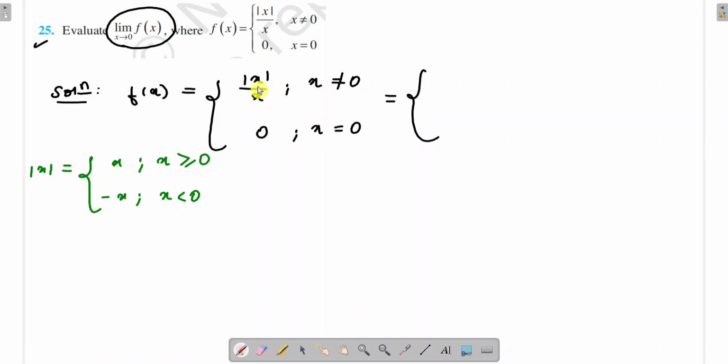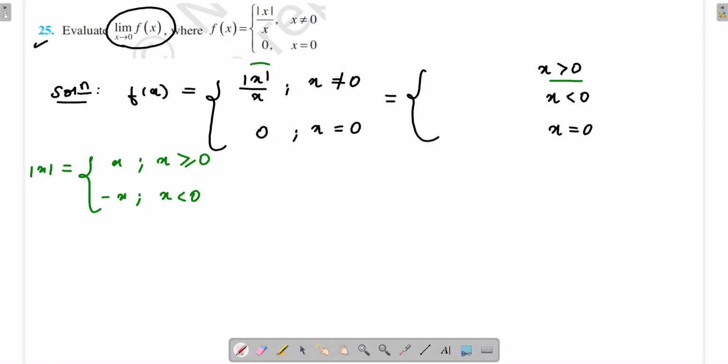So here we have to look at x greater than 0 condition, then we have to look at x less than 0 condition, and then x equal to 0, which is already here. Okay, so when x is greater than 0, what is the definition of modulus of x?